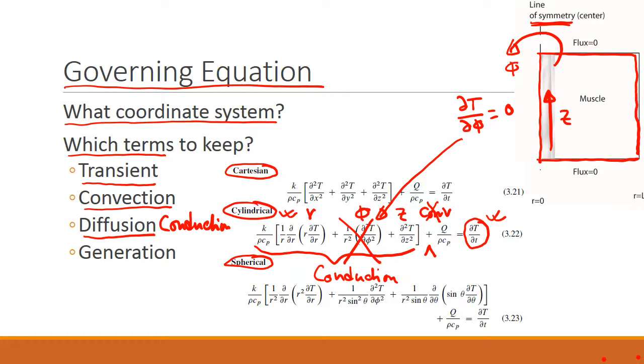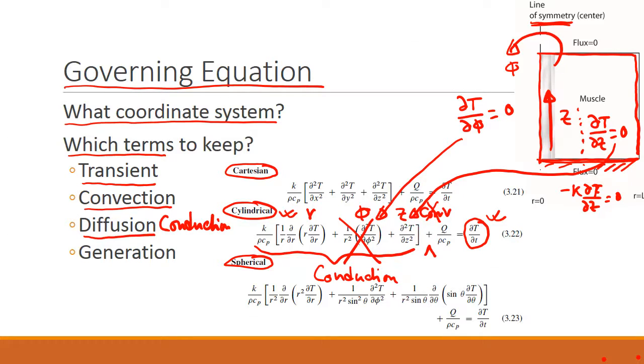What that means is things are not changing along this direction. This assumption means del T del z equal to 0. If del T del z equal to 0, then that also means del square T del z square equal to 0. Notice that I said flux equal to 0 here. Flux is what? Minus k del T del z.